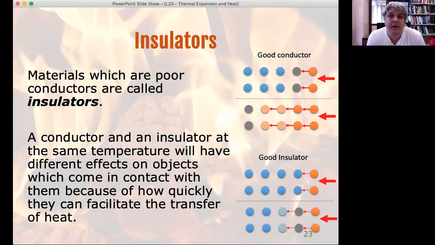If you have a good insulator and you push another object up against it, the insulator will not provide much energy to the other object. So the other object will receive more energy from the good conductor than from the good insulator, even if they are at the same temperature. It affects how well they can pass energy on to the object they're in contact with.